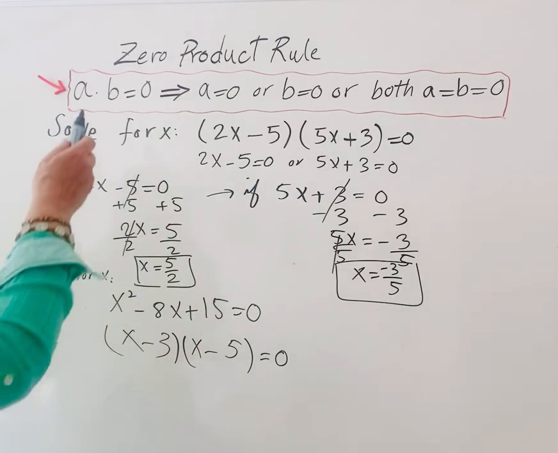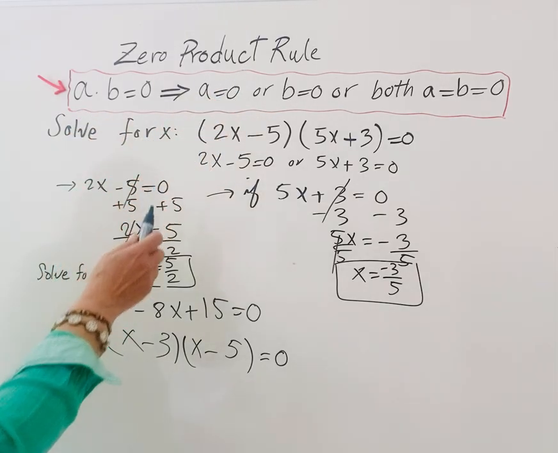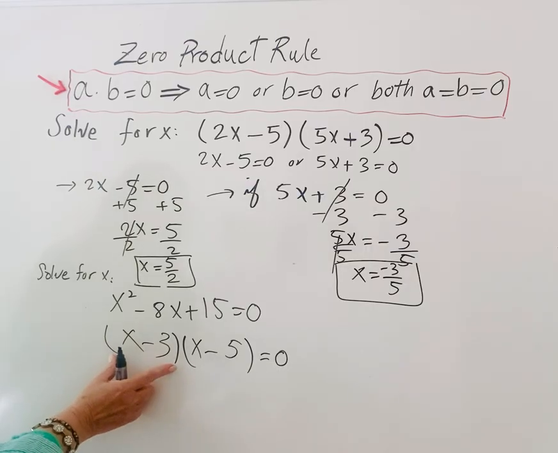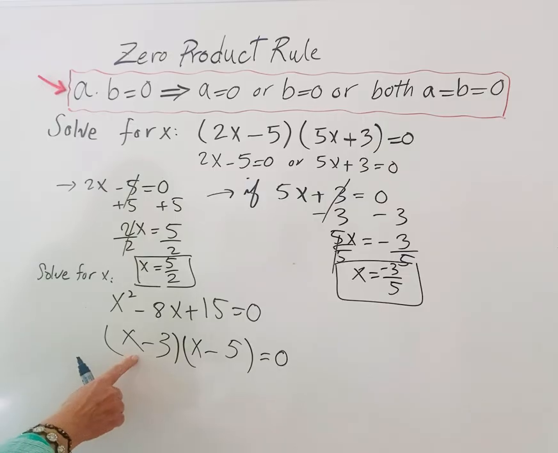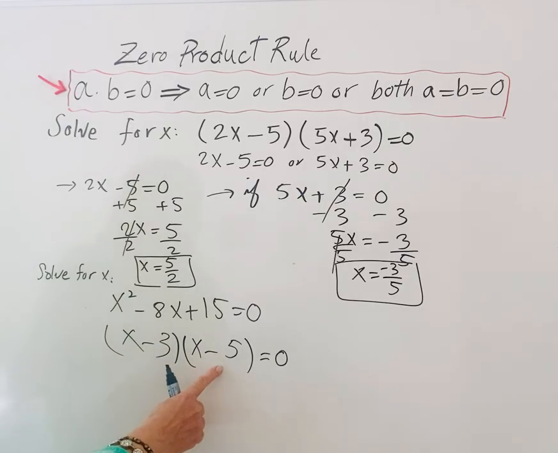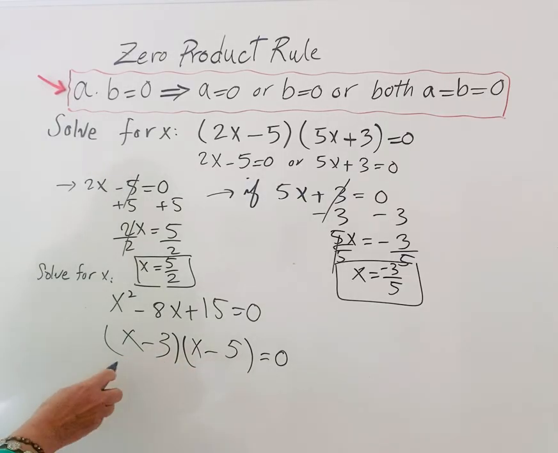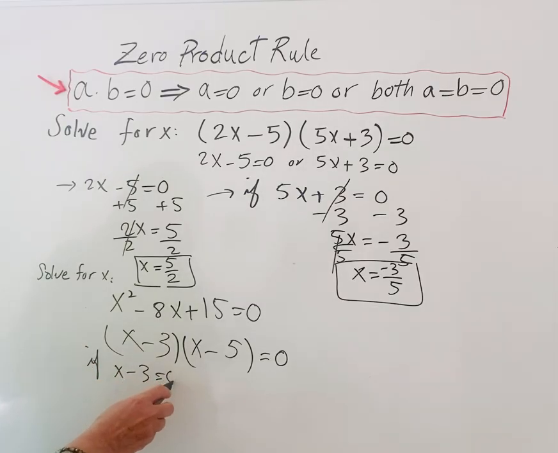Okay. By the zero product rule, we know that this factor times another factor gets 0. So this must be 0, or this one, or both, right? Okay. If x minus 3 gets 0, we have x equals 3, as 3 goes to the other side, right?